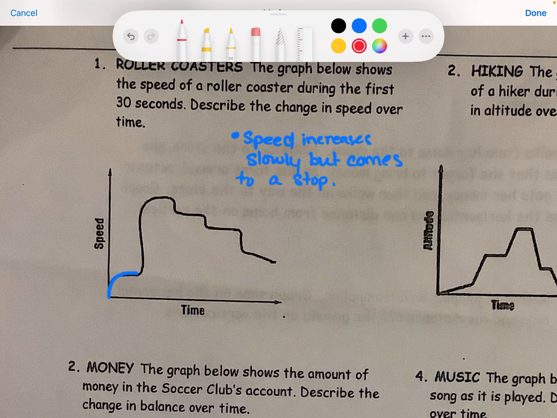Then, real quick, right? Takes off. So it's probably a drop in a hill, right? And then it kind of slows down again. And then it's slowly slowing down over time.